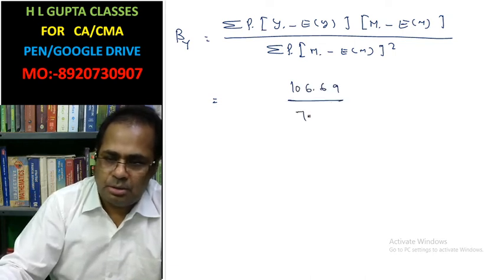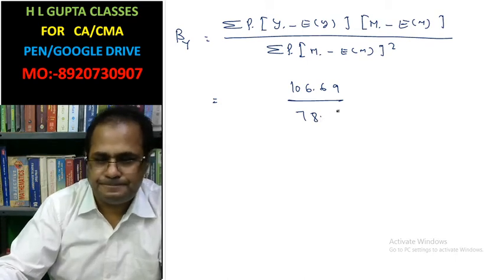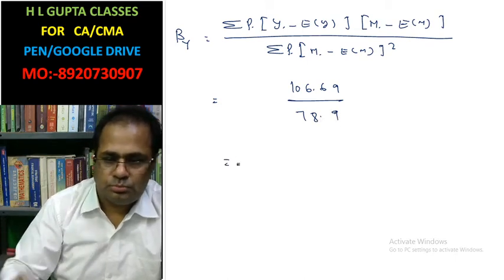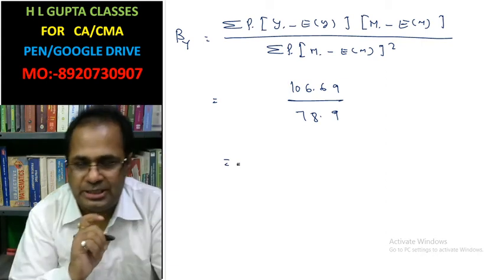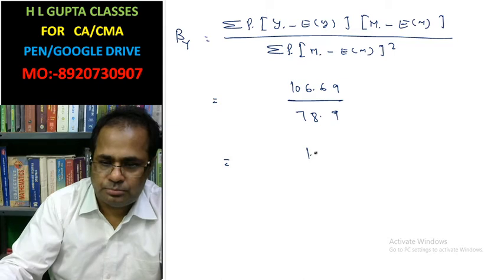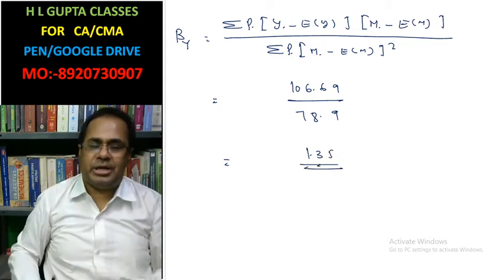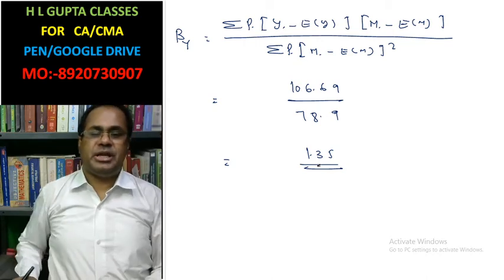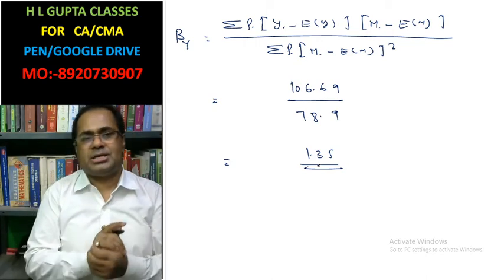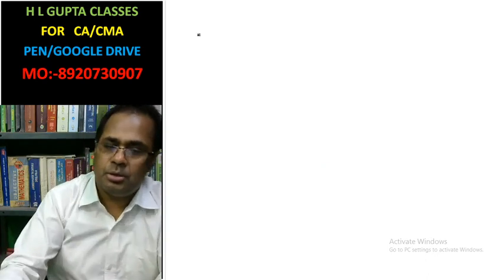This is 1.35. Now you have to calculate expected return as per CAPM for security X and security Y. Okay, look at here.